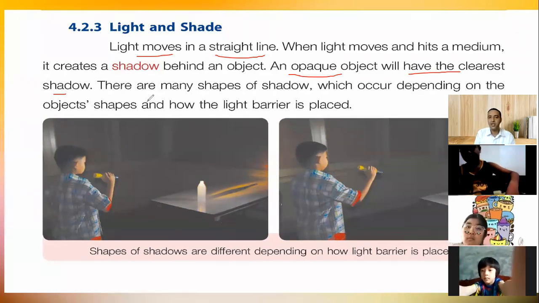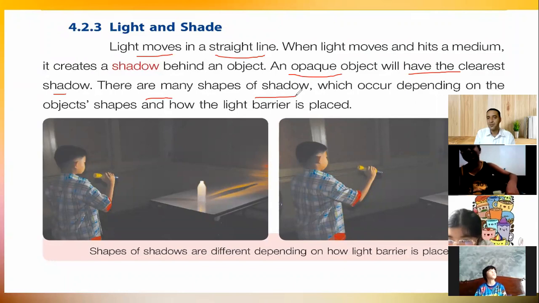So there are many shapes of shadow which occur depending on the object, shapes, and how the light barrier is placed. So here in the light shadows, when the light releases from the light source, the light will travel in a straight line.